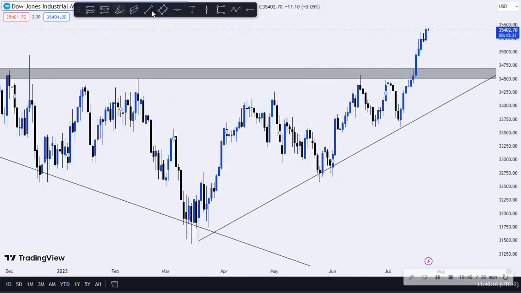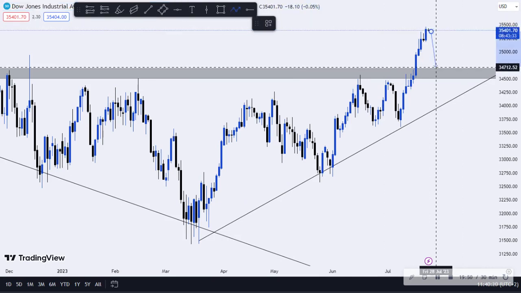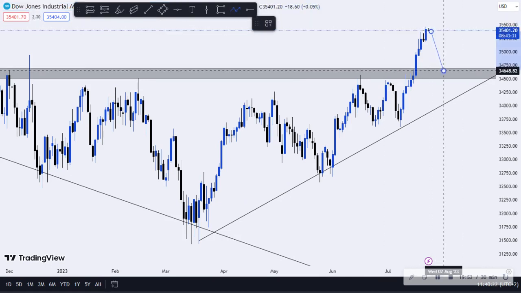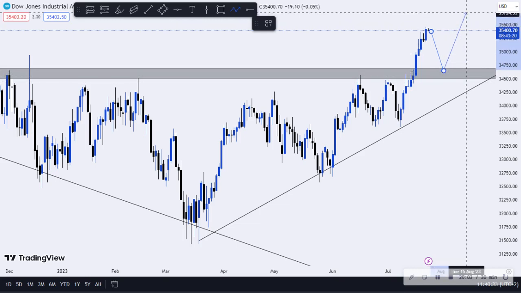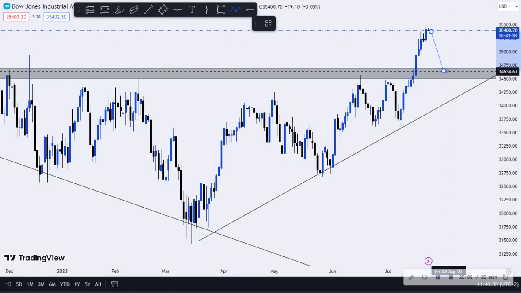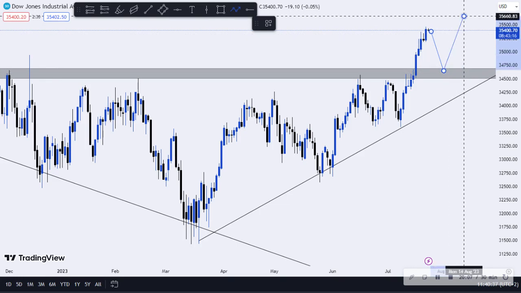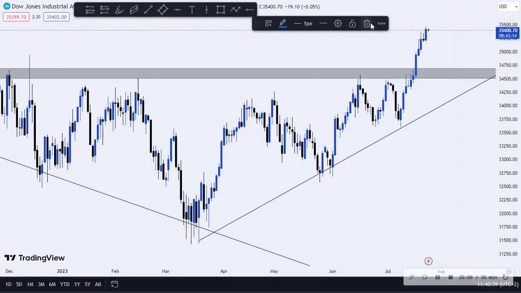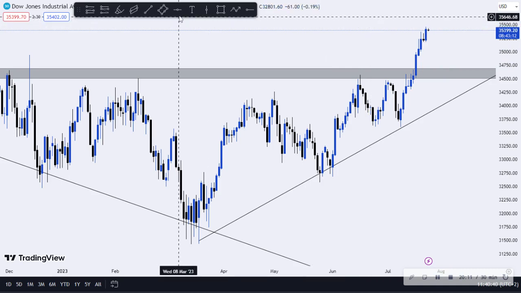Right. So the market failed to come to retest. Now we can see we are on number two, prepare and predict. The market failed to come to retest, and if it came to retest, we'd be taking our buys right now. But because it failed, this is what we're gonna do.